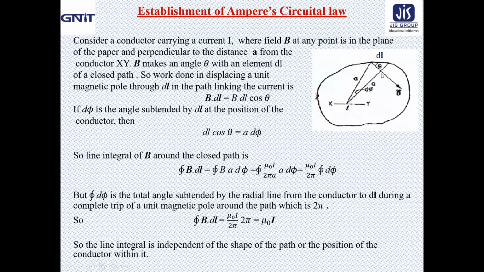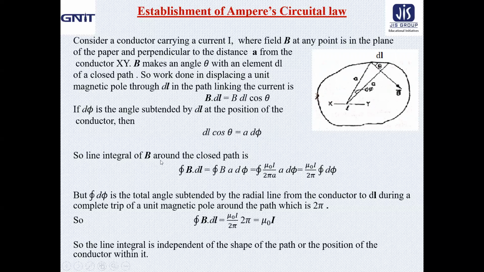Because this is dl, you consider this as theta. So this is dl cos theta, and from here it is a into d phi. So dl cos theta equals a d phi. From our school level geometry, we know it.